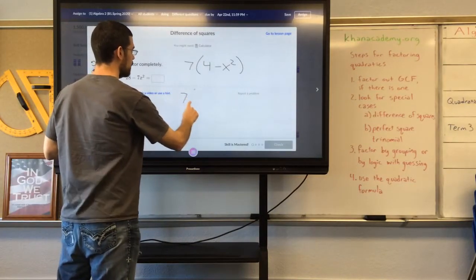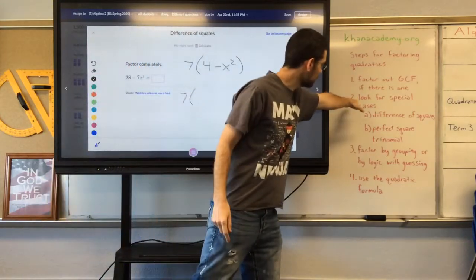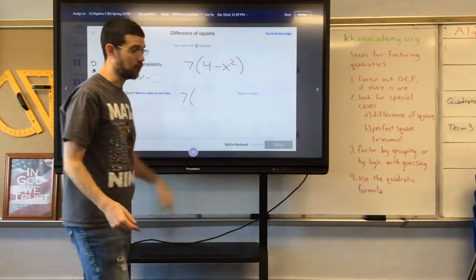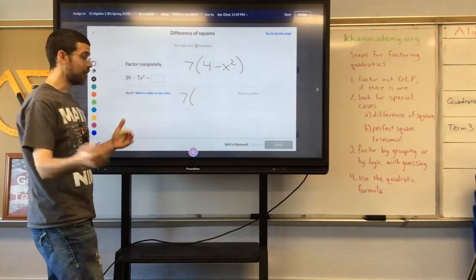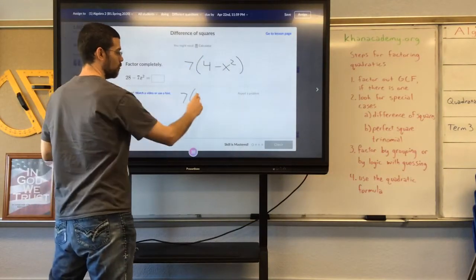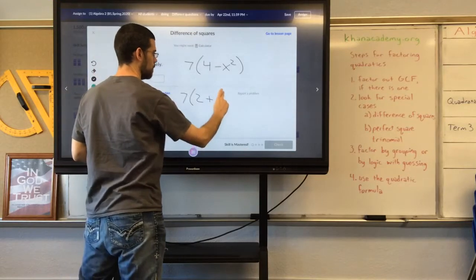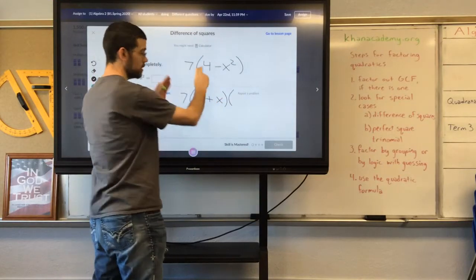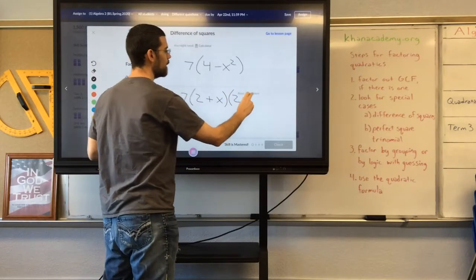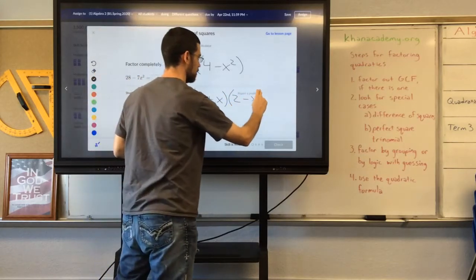So now we can come to our solution, which is 7. This is a difference of squares, so we go to step 2, we look for special cases, there's a difference of squares, and we know the pattern for that is the square root of the first term plus the square root of the second term times the square root of the first term minus the square root of the second term.